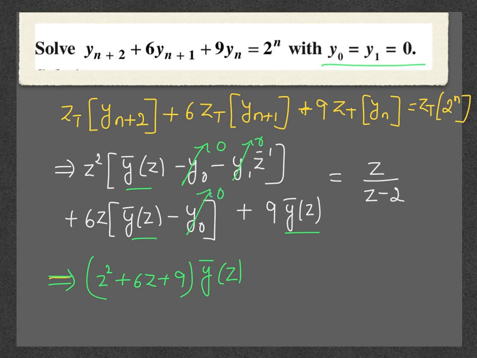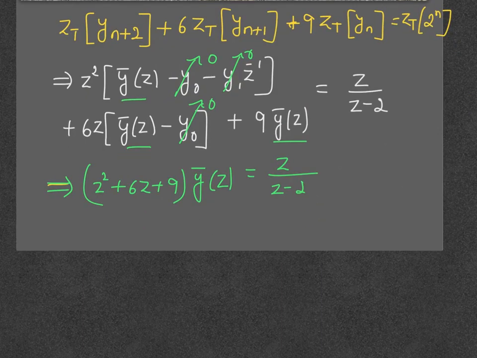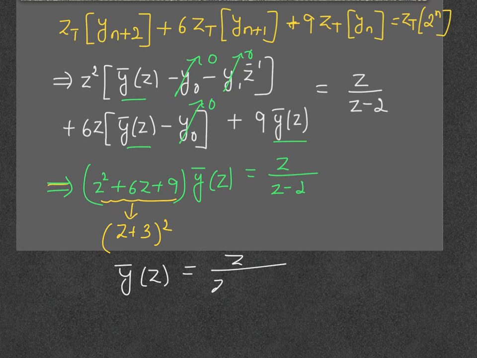So what remains now on the right is z by z minus 2. This factor can be written as z plus 3 whole square. Therefore, y bar z can be written as z by z minus 2, divided by this factor, z plus 3 whole square.